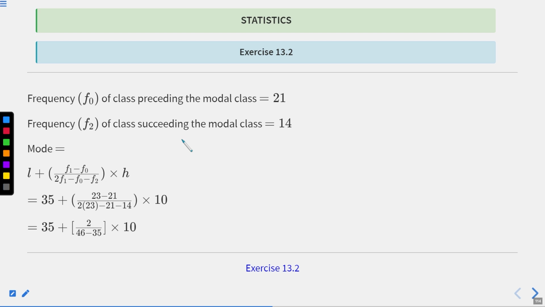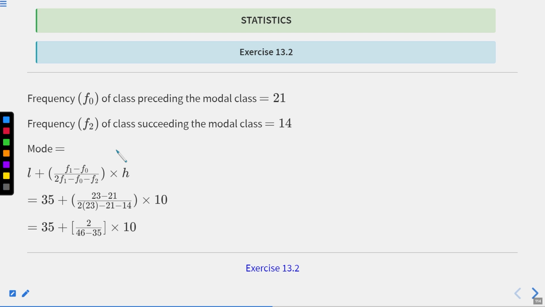Now we know the formula for the mode: mode equals lower limit l plus f1 minus f0 divided by 2f1 minus f0 minus f2, times h. Here the lower limit l is 35, f1 is 23, f0 is 21, f2 is 14, and h is 10.